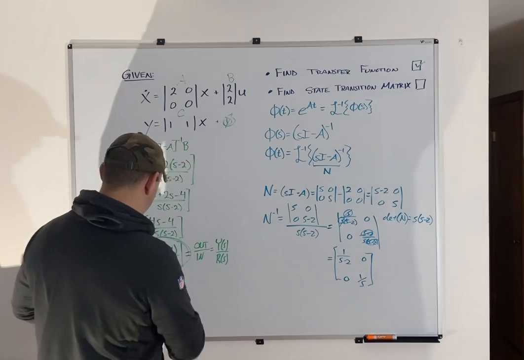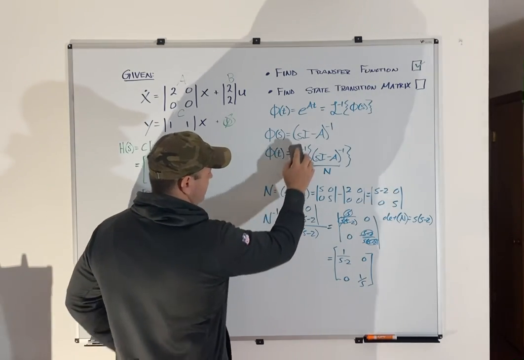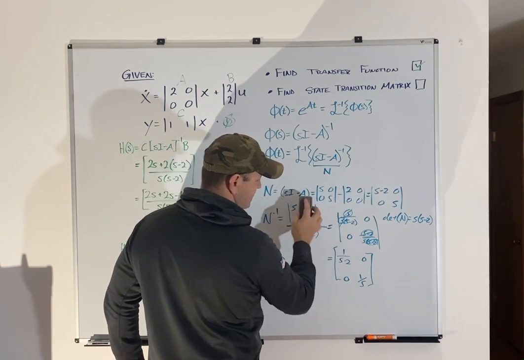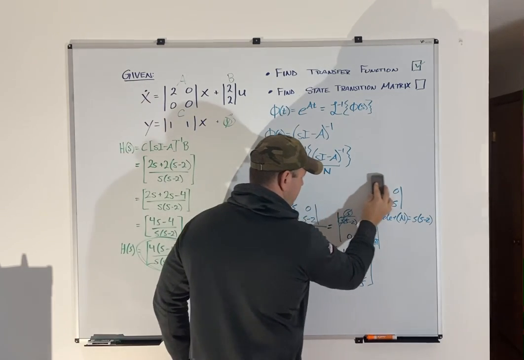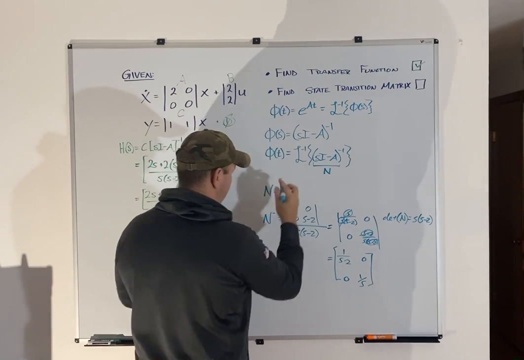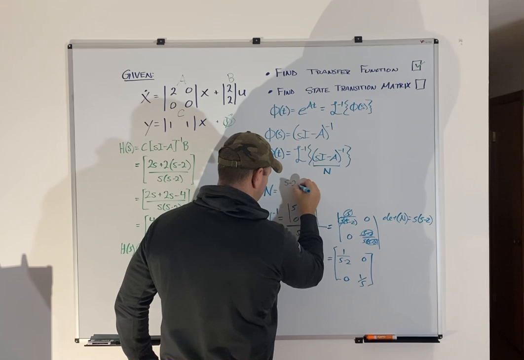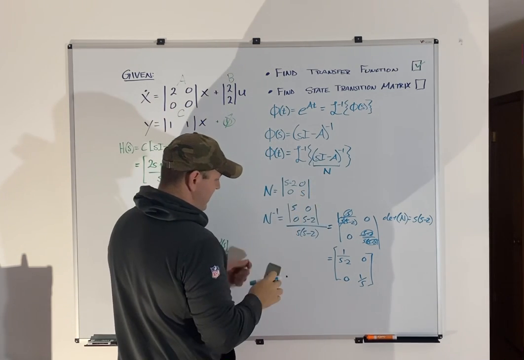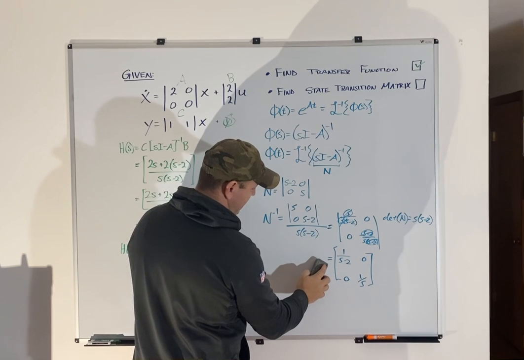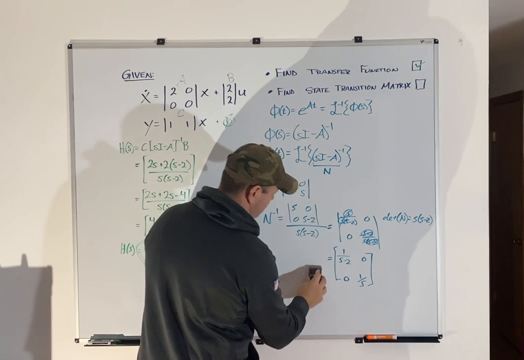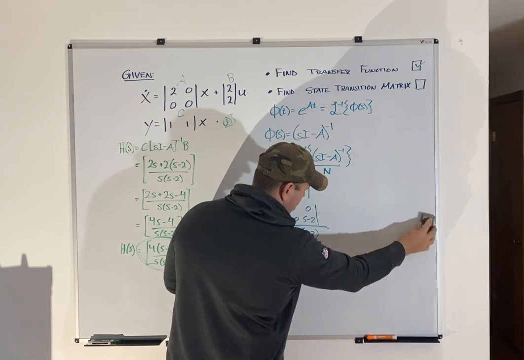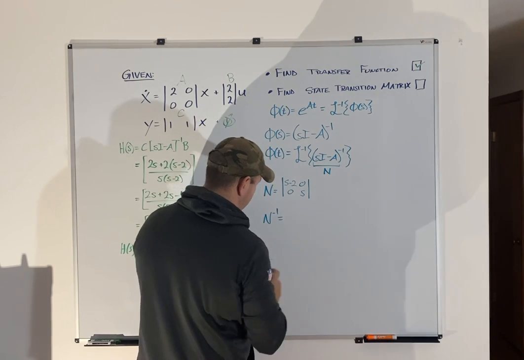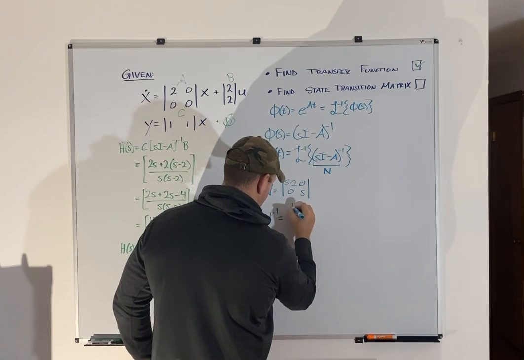So N, which was our sI minus A, was s minus 2 and s. N inverse became one over those things.